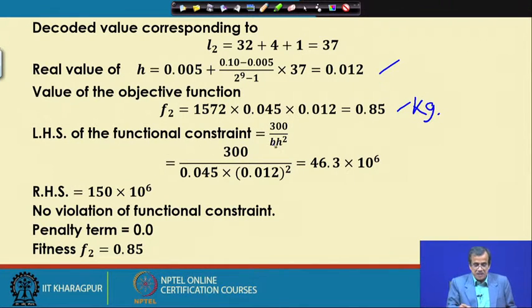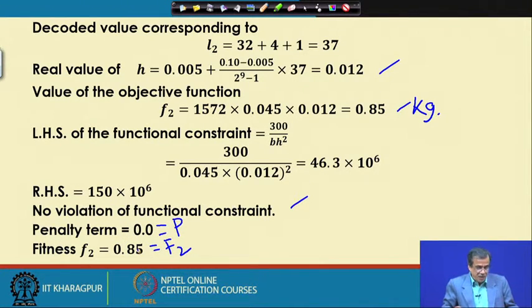Now, the left hand side of the functional constraint, that is 300 divided by B H square, if I substitute the numerical values for B and H, I will be getting 46.3 multiplied by 10 raised to the power 6, and once again, this left hand side is less than the right hand side. So, there is no violation of the functional constraint, the penalty term P will be equal to 0, and the modified fitness, that is capital F 2, will be equal to small f 2, and that is nothing but 0.85.